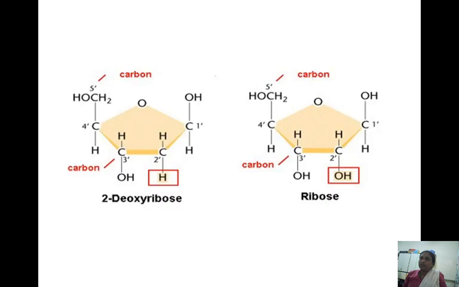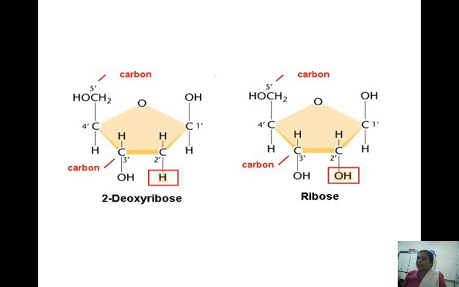Coming to the sugars which are present, based on the sugar we call the nucleic acid: if the sugar is ribose, it is ribonucleotide, and if the sugar is deoxyribose, we call it deoxyribonucleotide. These are the 2 pentose sugars. Ribose exists in furanose form.